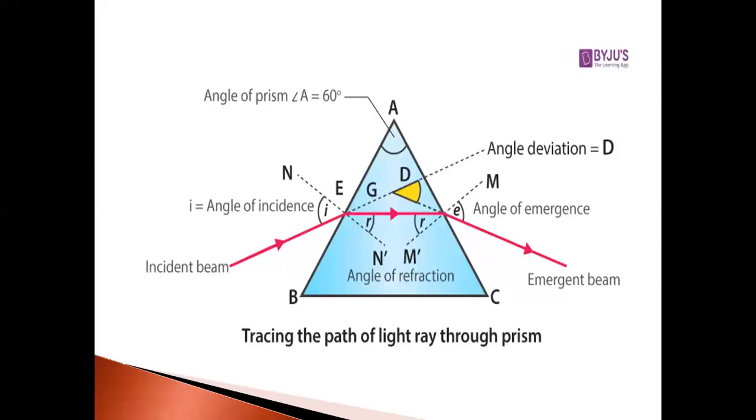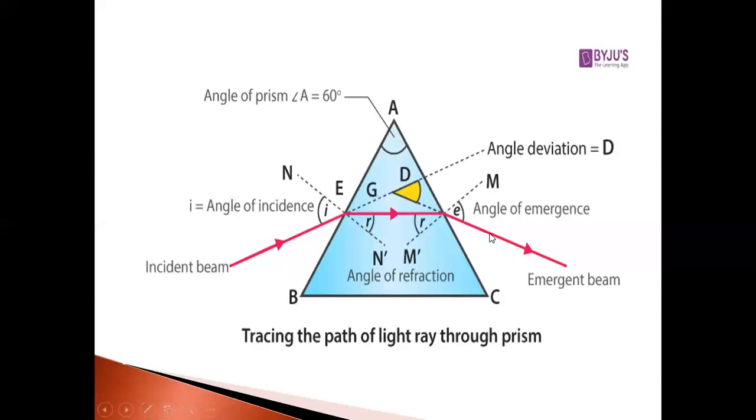Now when we proceed the lines, this incident line forward like this, we show this extended line with dots. This dotted line shows the extended incident ray.